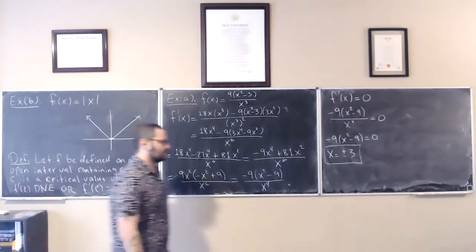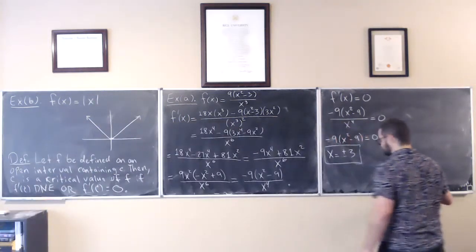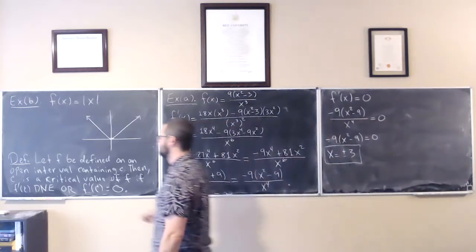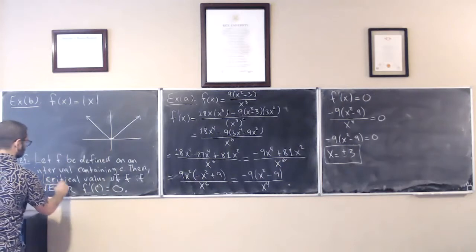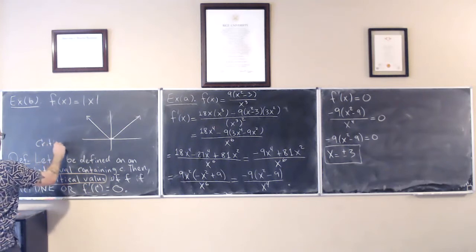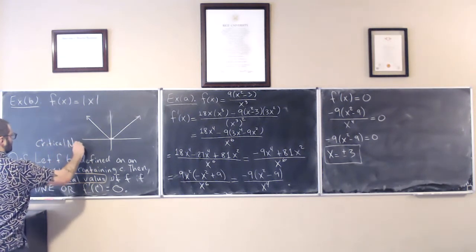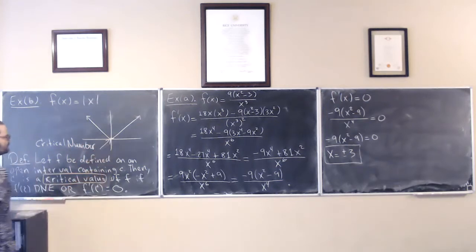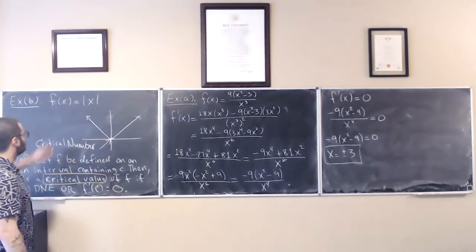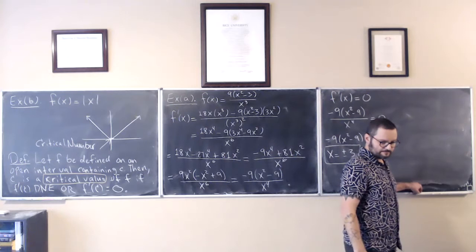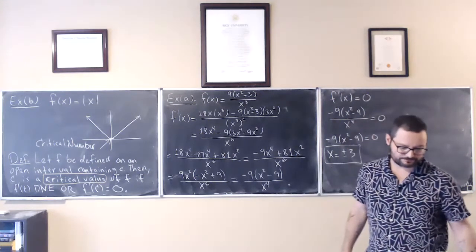So that's the definition of a critical value, or a critical number. Yeah, I think your textbook says critical number. And for example, right there, x equals 0 for that function.